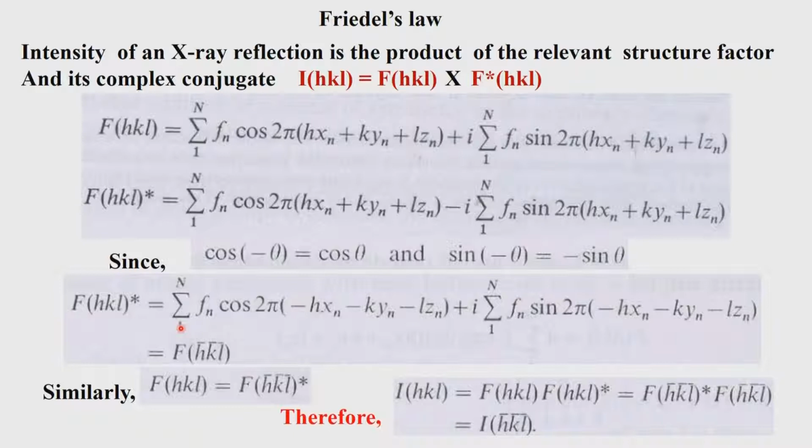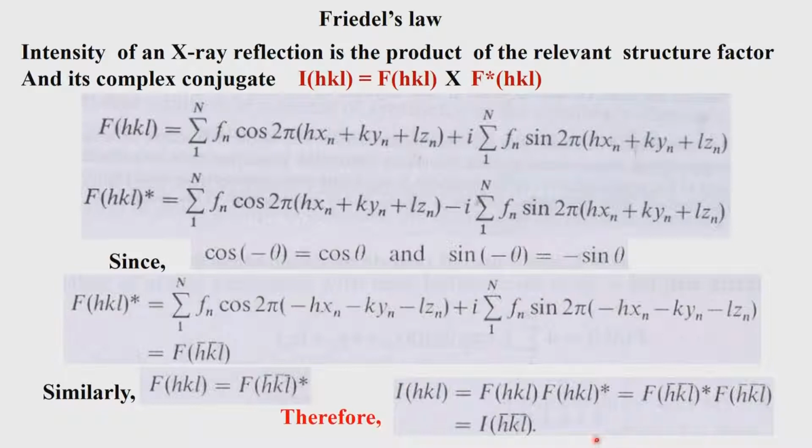But you see that half of it is redundant, because whatever you have measured as I(HKL), the other half, I(h bar k bar l bar), is identical. So, you actually measured the reflection twice, and as we will see later, the symmetry associated with the system will also make some other equivalences, and because of these other equivalences with identical intensities, the number of reflections you collect starts to reduce.